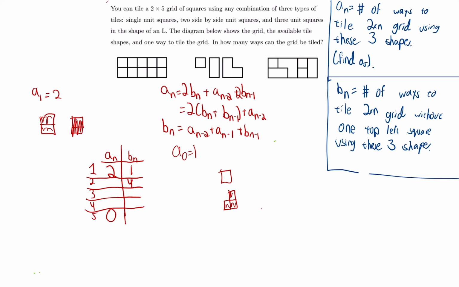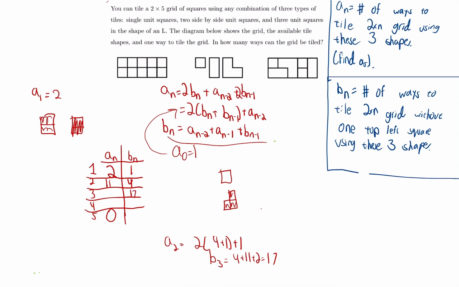Then this would be 2 times 4 plus 1 plus 1, so that's just going to be 11. And b of 3 is equal to 4 plus 11 plus 2, which is equal to 17.